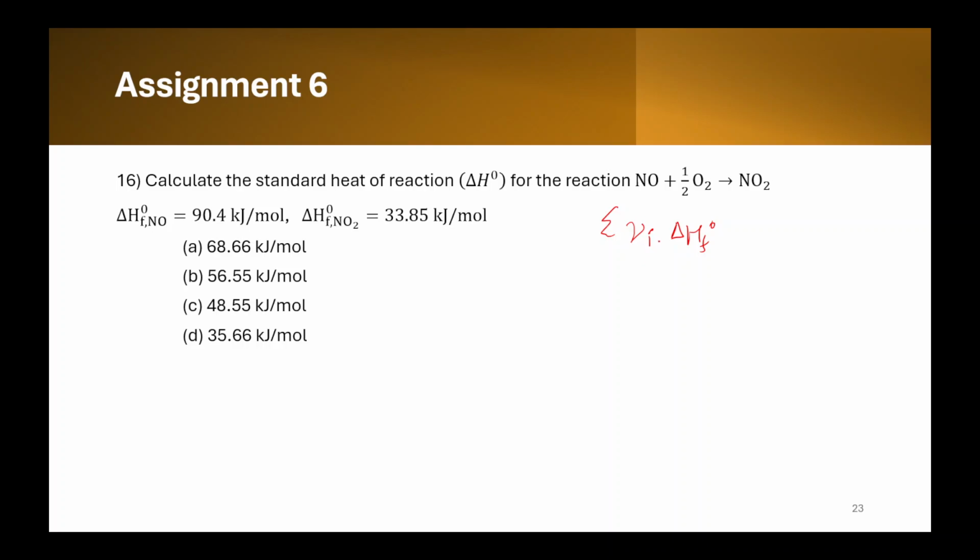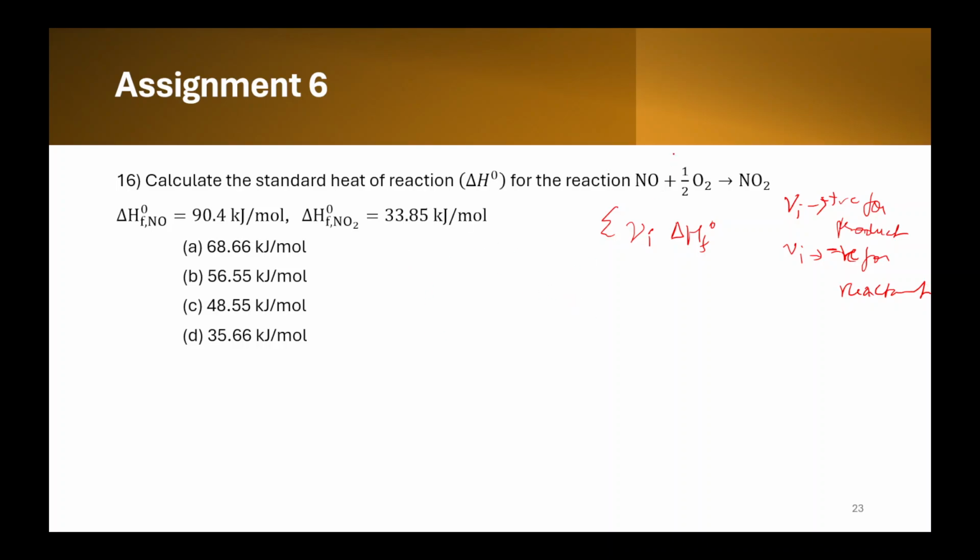And this nu i will be positive for products and negative for reactants.